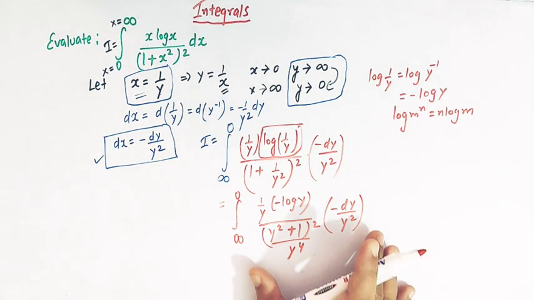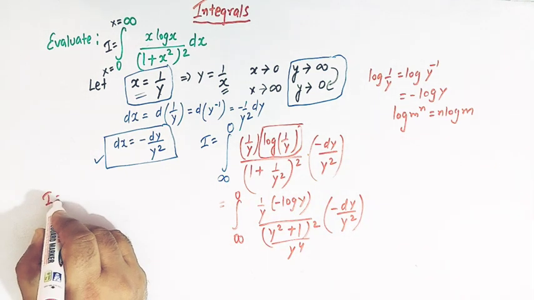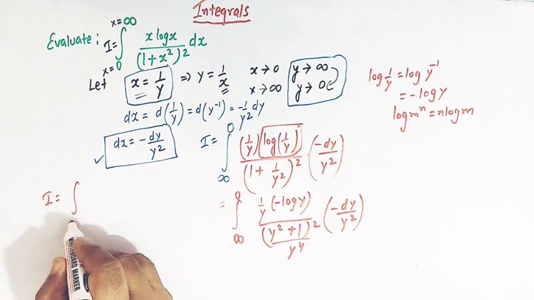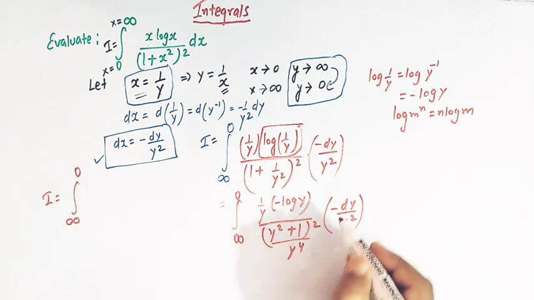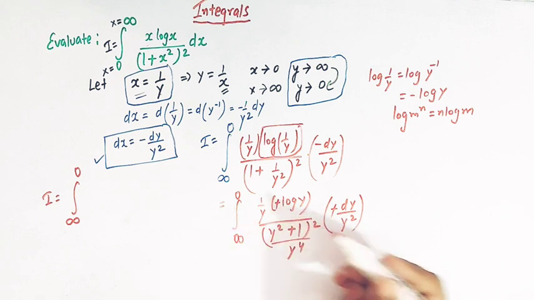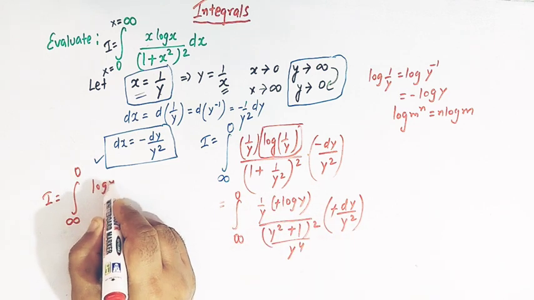Now let us simplify it further. So we can now write I as integral from infinity to 0. Here this negative sign and this negative sign get cancelled, so we are left with log y.